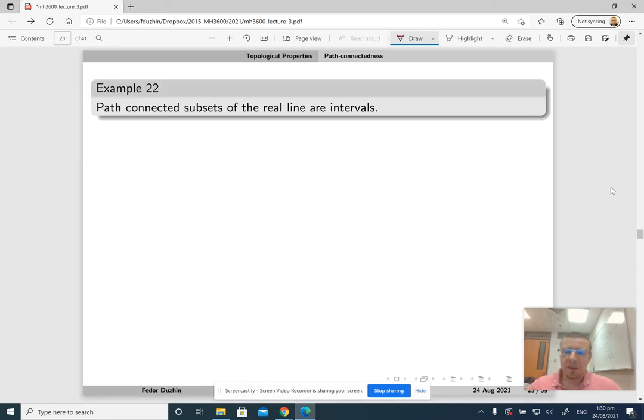So let me show you that path-connected subsets of the real line are all intervals. I'm going to prove it. Suppose that X is a subset of the real line, and X is path-connected.